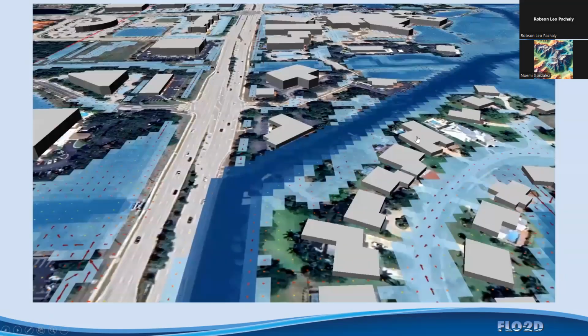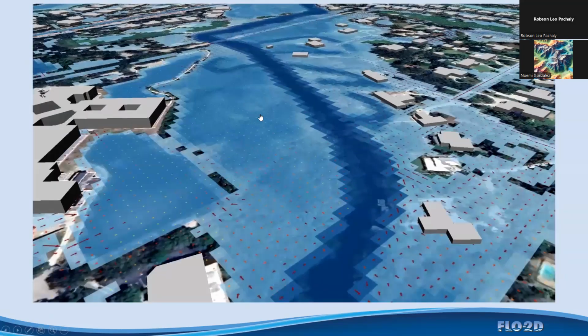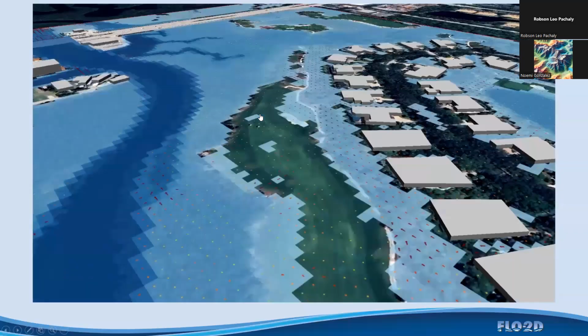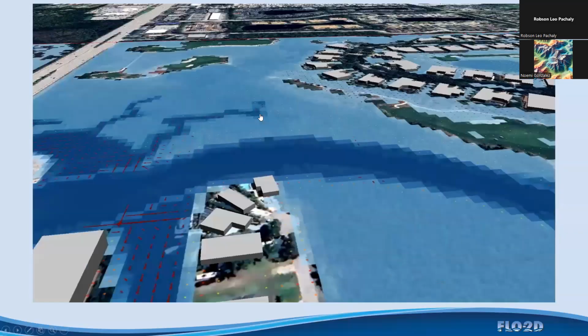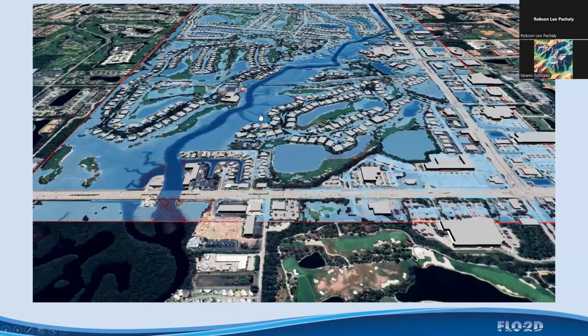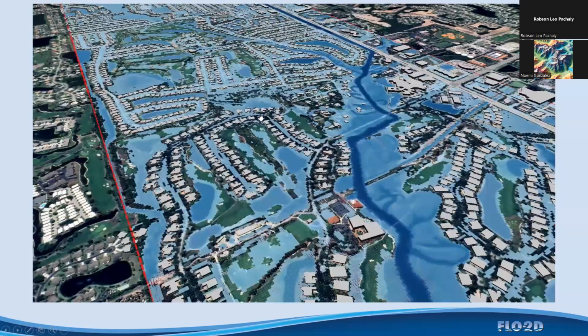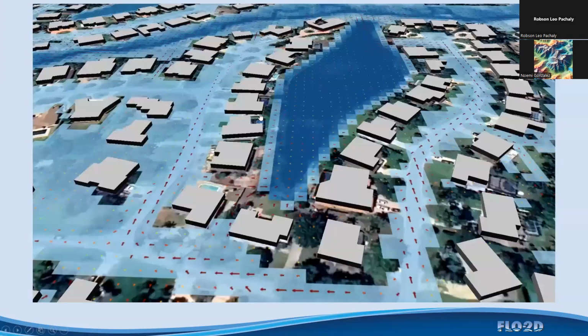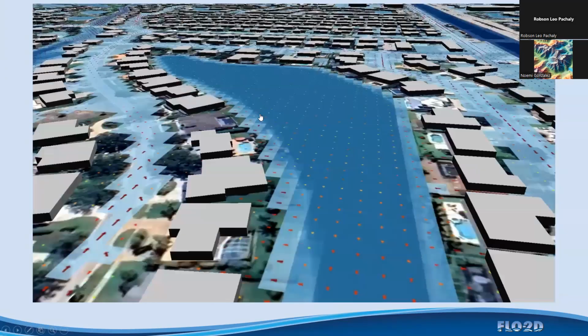The color of the buildings are a little bit different. You can see what we can achieve using this QGIS 3D map view. It's a pretty nice feature to show your results to the public, to stakeholders. It's a nice tool for visualizing your FLO-2D results.